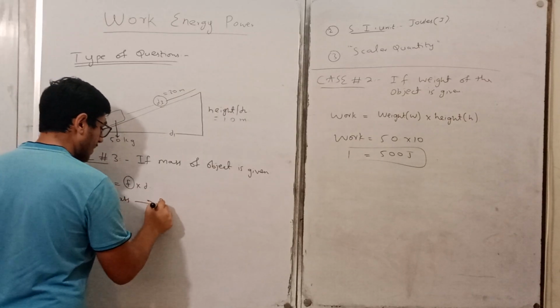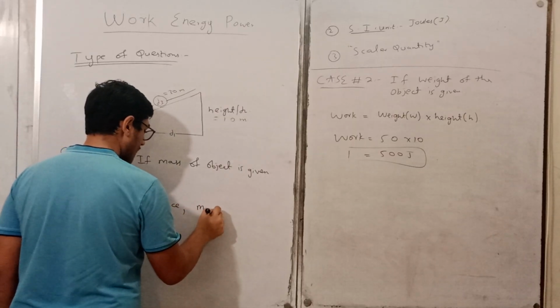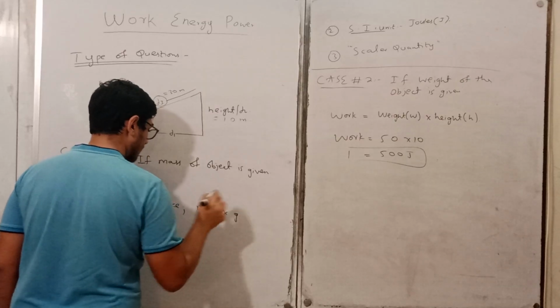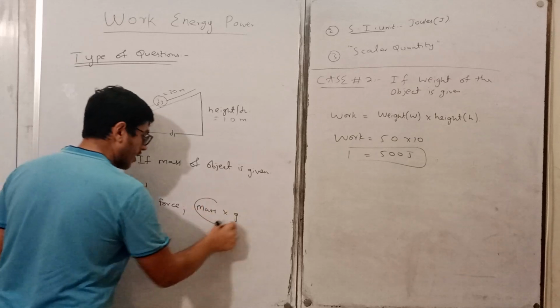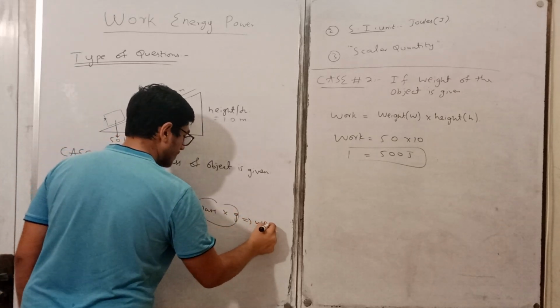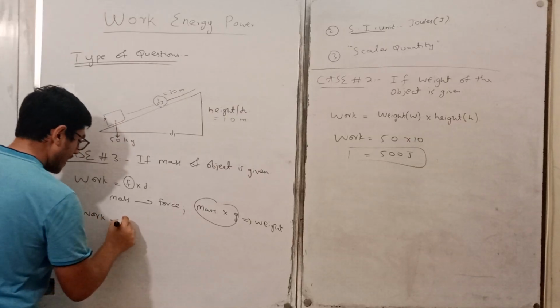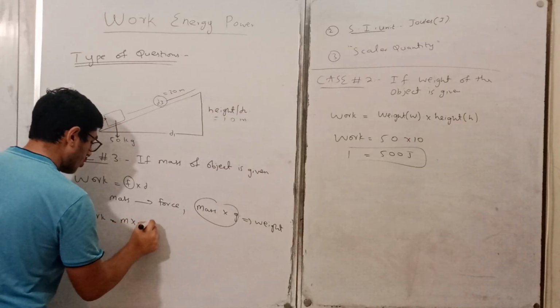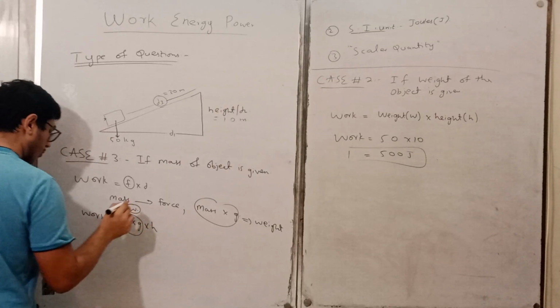We need to convert mass into force, and that can be done by multiplying mass by gravitational field strength, which converts it into weight, that is a force. Therefore, work done will be m into g into h, where m into g is the weight of the object, a force.